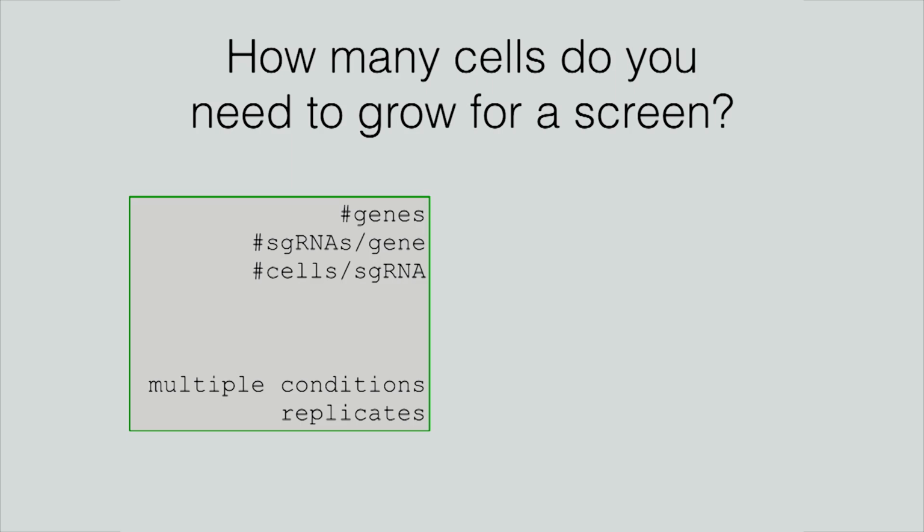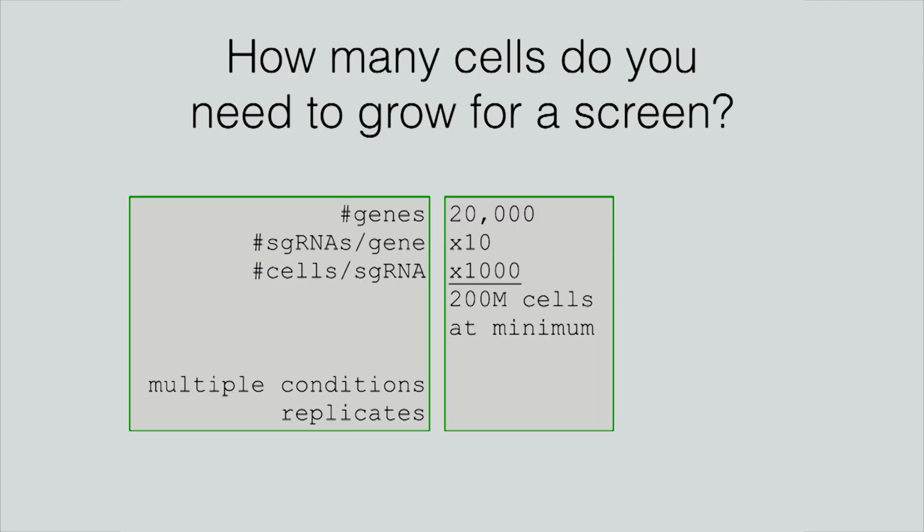And the same principle applies with CRISPR. We know it has much fewer off-targets, but you need independent experiments to be able to really say this gene is causing a phenotype. And then, of course, the minimum coverage issue, so the number of cells representing each sgRNA.